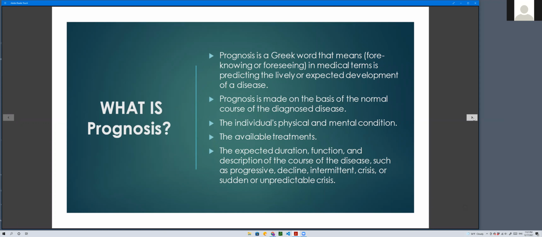Prognosis is made on the basis of the normal course of the diagnosed disease, the individual's physical and mental condition, the available treatment, the expected duration, function, and description of the course of the disease, such as progressive decline, intermittent crisis, or sudden or unpredictable crisis.